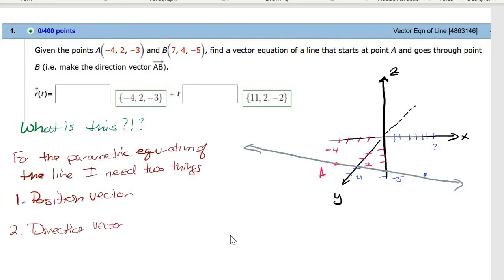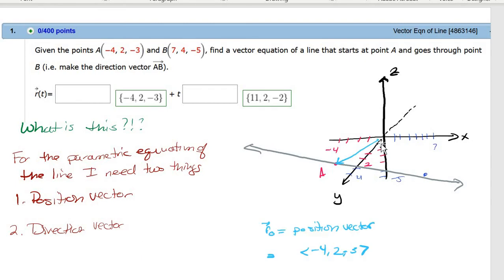All right, so what do I need? If I want to find the parametric equation of a line, things are not so simple in 3 dimensions. You don't have y equals mx plus b anymore. So what do I need to do? I need 2 things: a position vector and a direction vector. What's a position vector?